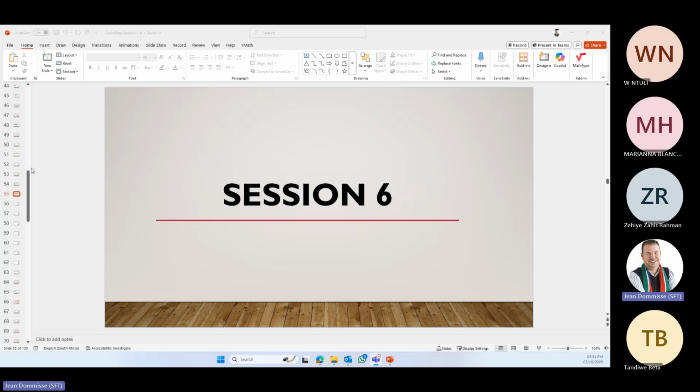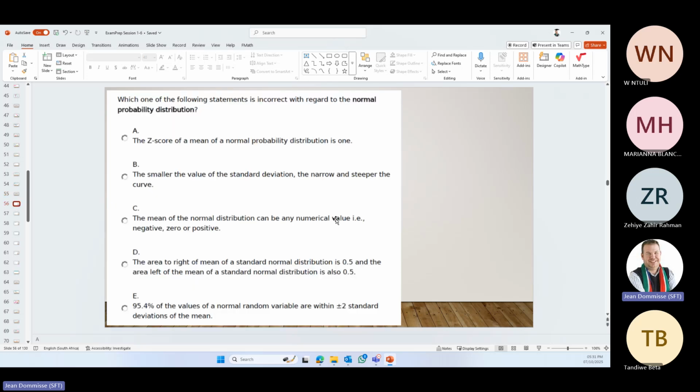Okay, so again, we're going to go through a few exercises, a mix of some definitions and some that we need to work out. It might be that we need to work out a Z value, or go further and use the Z to get to a probability, but all of that we will look at tonight.